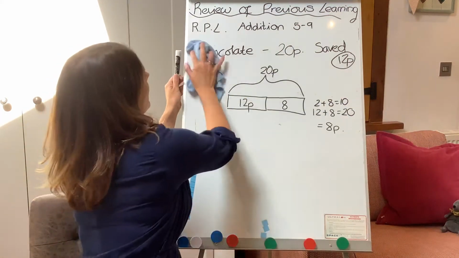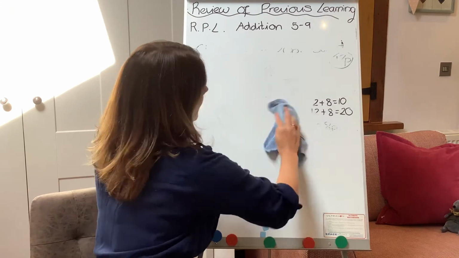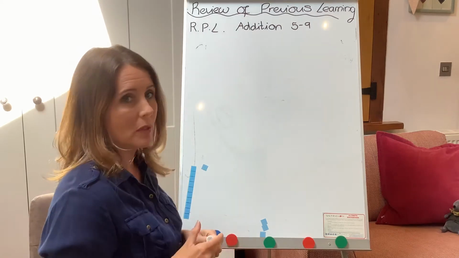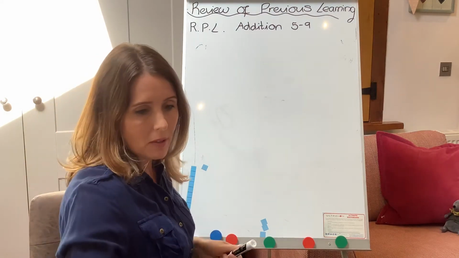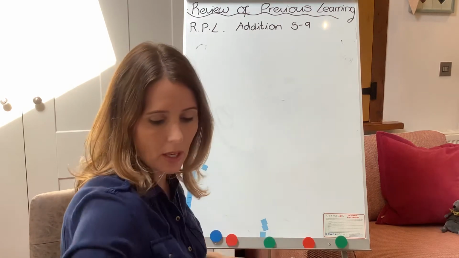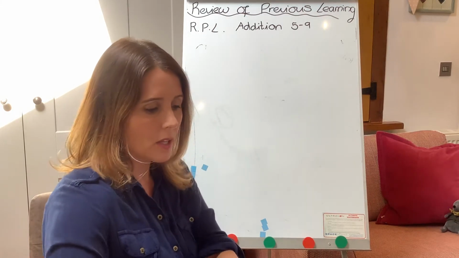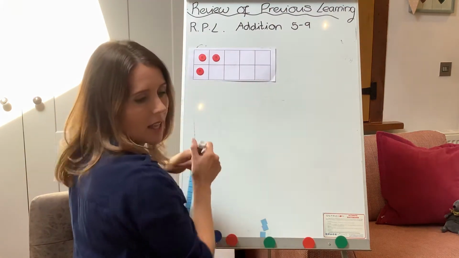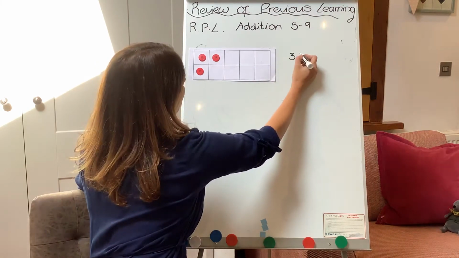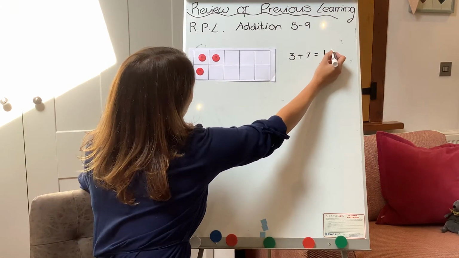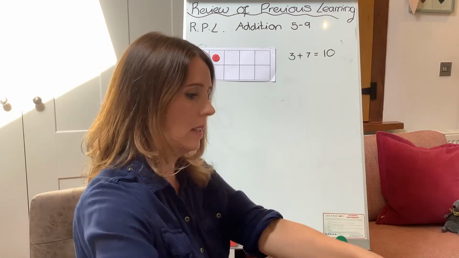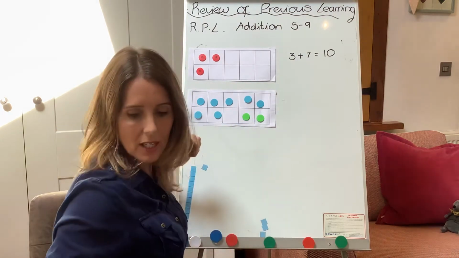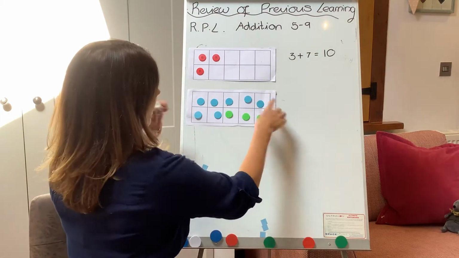We also, this week in our addition sessions, looked at adding multiples of 10 together. So using our number bonds to 10 to help us to find numbers that go together to make 20. So for example, if we have 3 and 7 is equal to 10, which we did on here. So we use our tens frame and we have 3 and 7 is equal to 10.